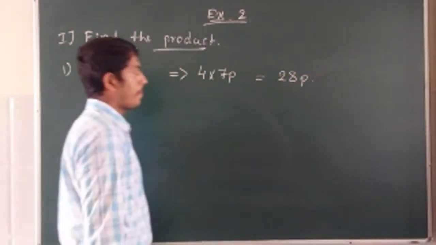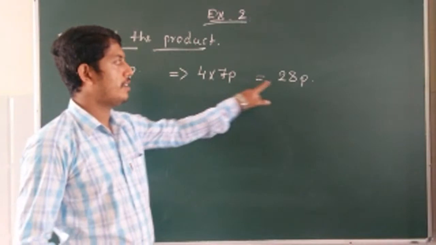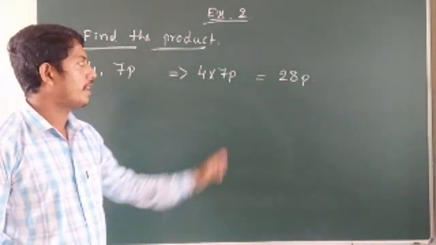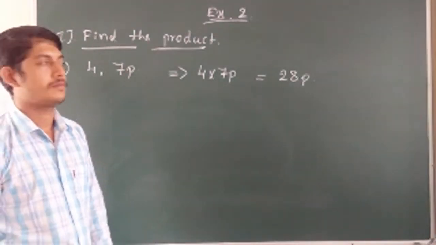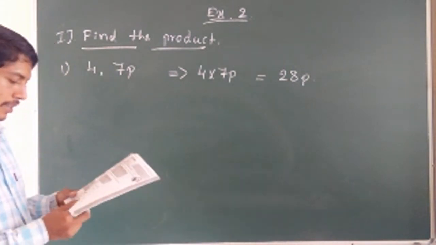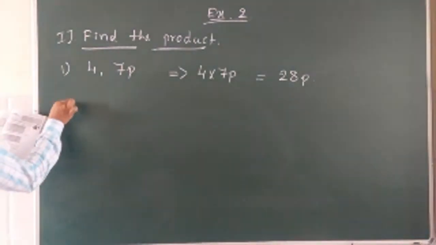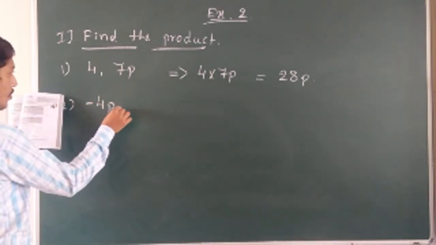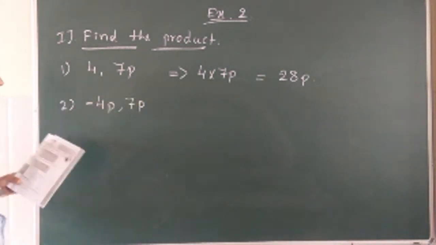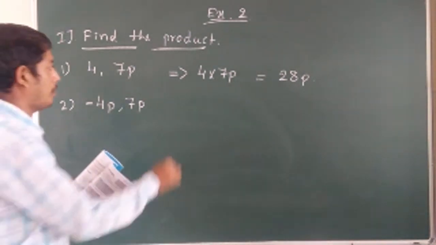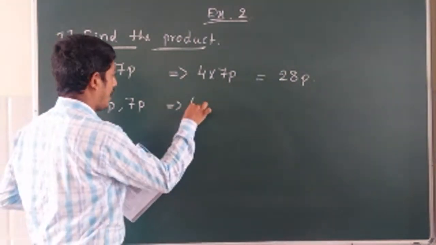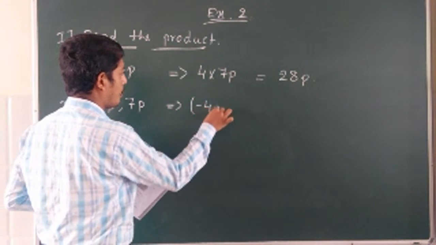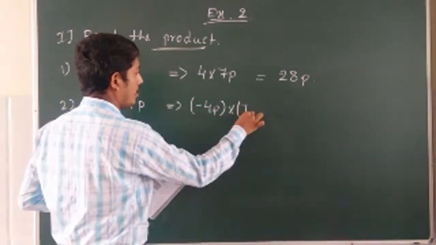Okay, 4 sevens are 28, into p. The next one, the second one, minus 4p comma 7p. So I will write that in brackets, minus 4p into 7p.